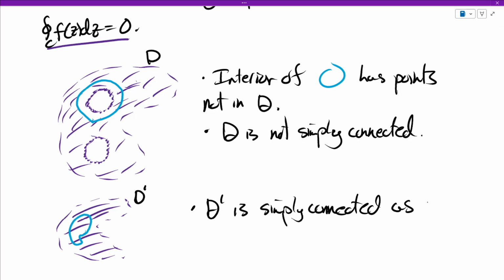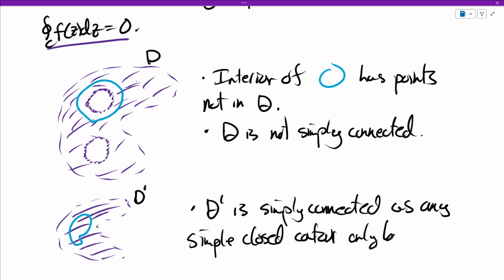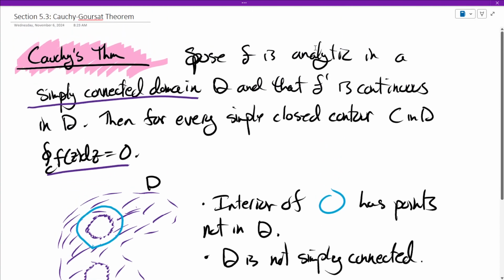As any simple closed contour only bounds points of D prime. So the interior of that contour only has points in D prime. So anyways, that's Cauchy's theorem.